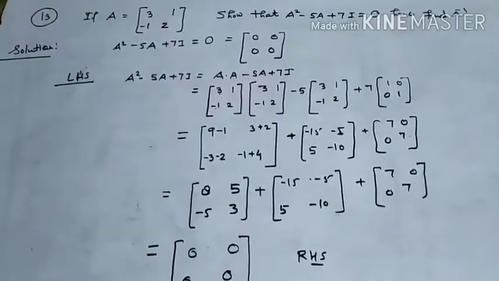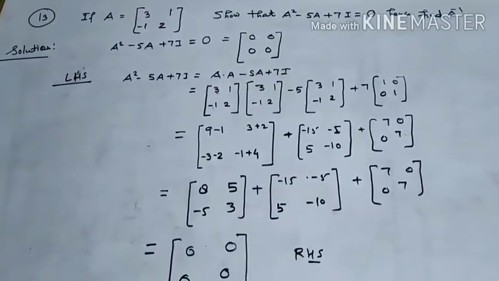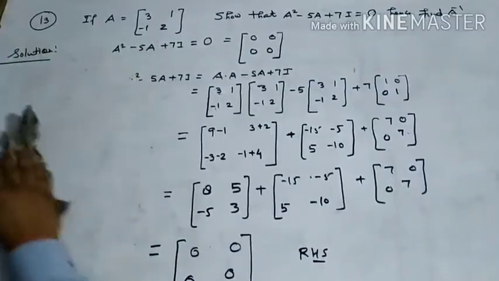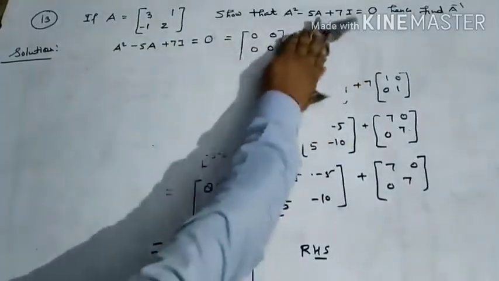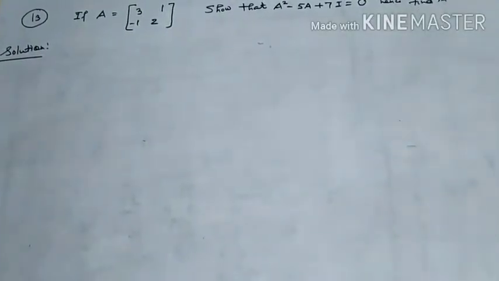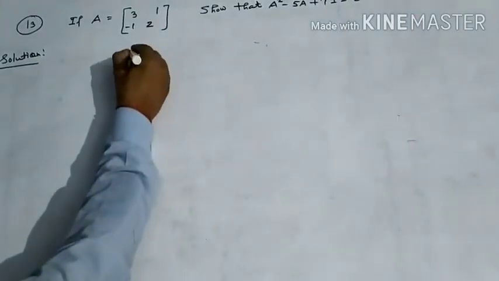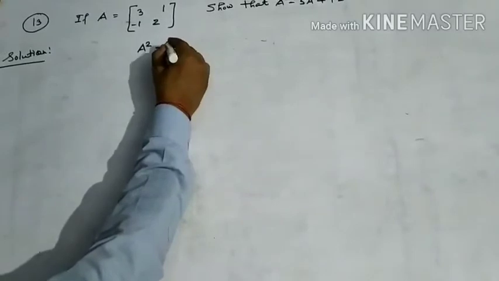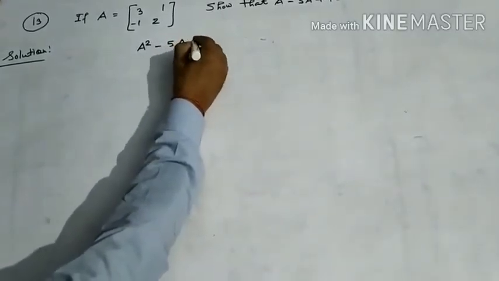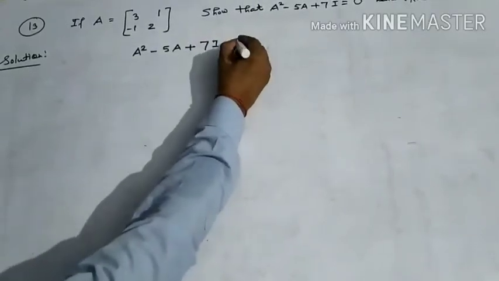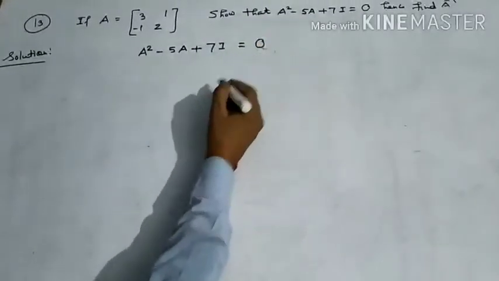Now after that we want to find out A inverse. For finding A inverse, we are taking this: A square minus 5A plus 7I, and here this is 0.